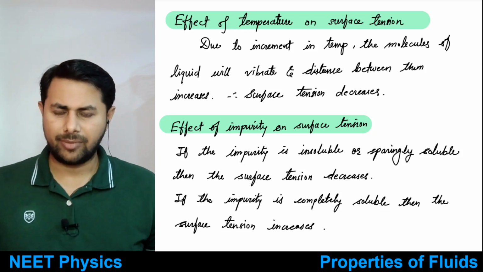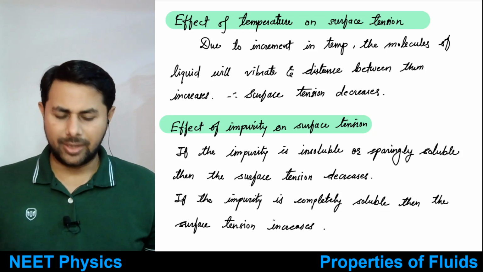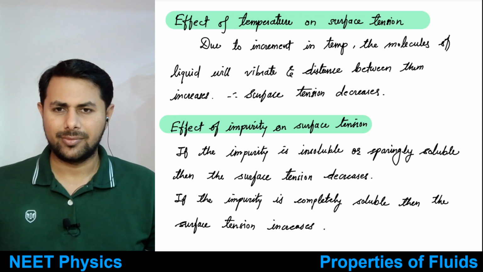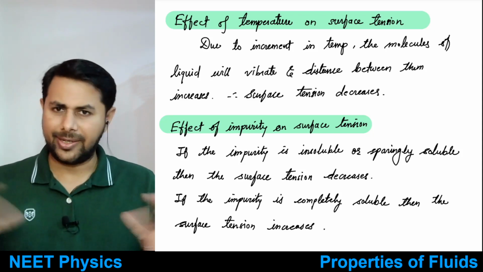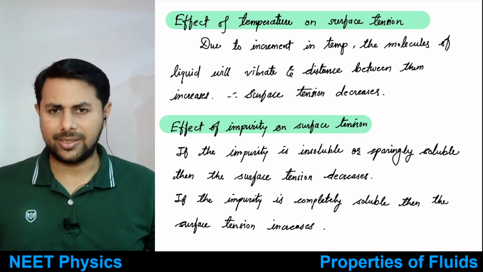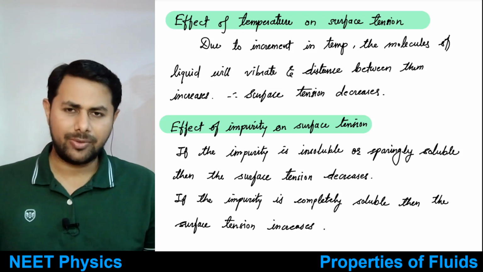Now if temperature increases, the density will decrease, because the energy of molecules is increasing, they will vibrate and go away from each other. So the density of the liquid will decrease.